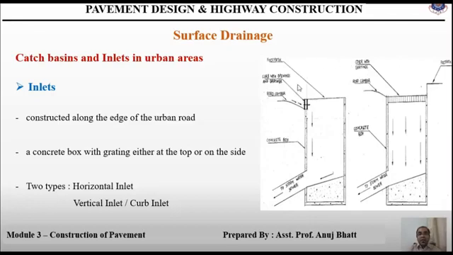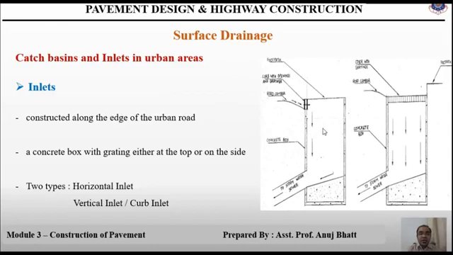Here in the figure we can see this is the vertical grating, so this will be called a curb inlet, or we can say the vertical inlet, and here this grating is provided horizontally, so we can say this is the horizontal inlet. The function of an inlet is also the same as the catch basins.